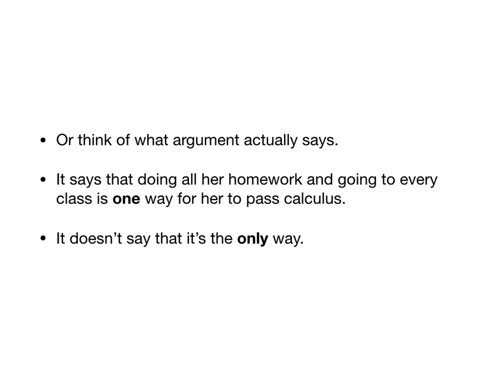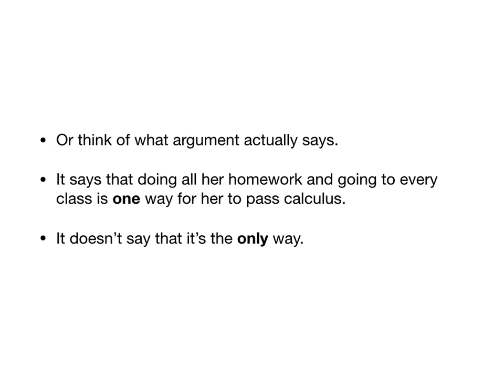But, really, to understand what's going on here, think about what the argument actually says. Think about what it literally says. It says that doing all of her homework and going to every class is one way for her to pass the class. At least one way to pass the class is to do these 2 things.